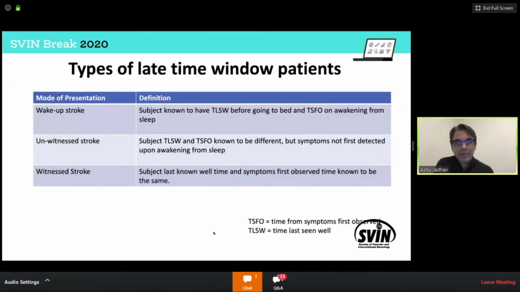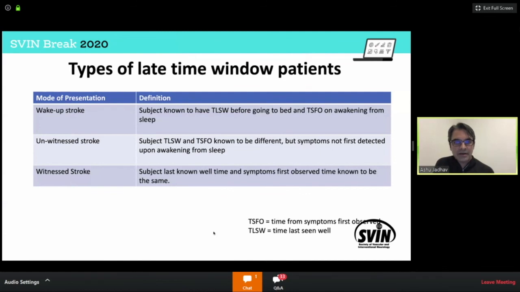Generally, when we think about patients with late time window stroke, you can think about them as sort of three different phenotypes. One is wake-up stroke, that is a patient who went to bed normal, and then upon awakening, they were noted to have some sort of deficit. And so in theory, in that population, we don't know the exact time of onset of symptoms.